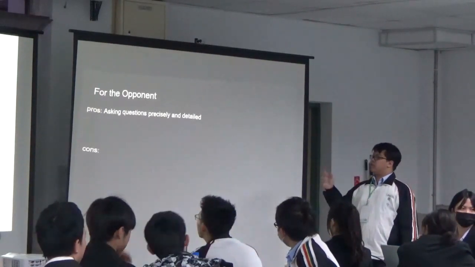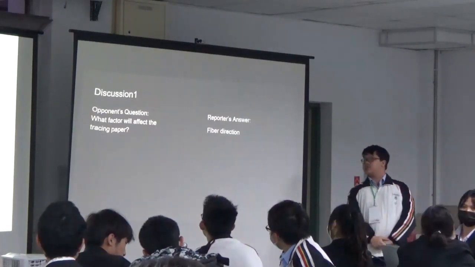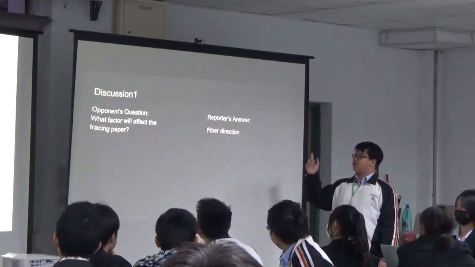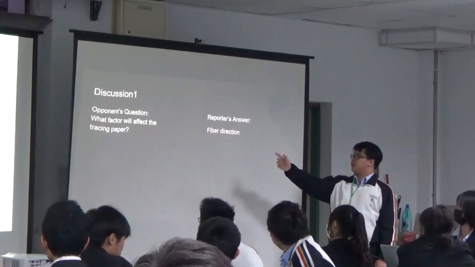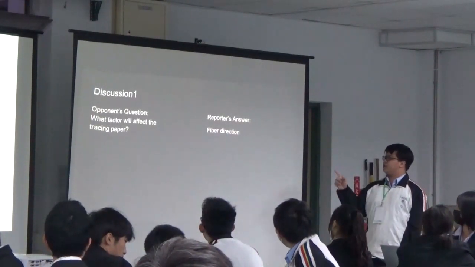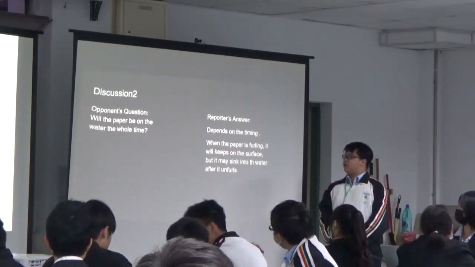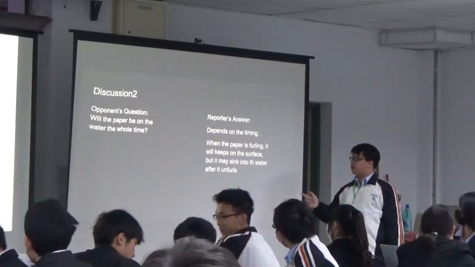And for the opponents, the process asks questions precisely and in detail. In the first discussion, the opponent's question is what factor will affect the tracing paper? And the reporter's answer is the fiber orientation. The second discussion, the opponent asks, will the paper be on the water the whole time?